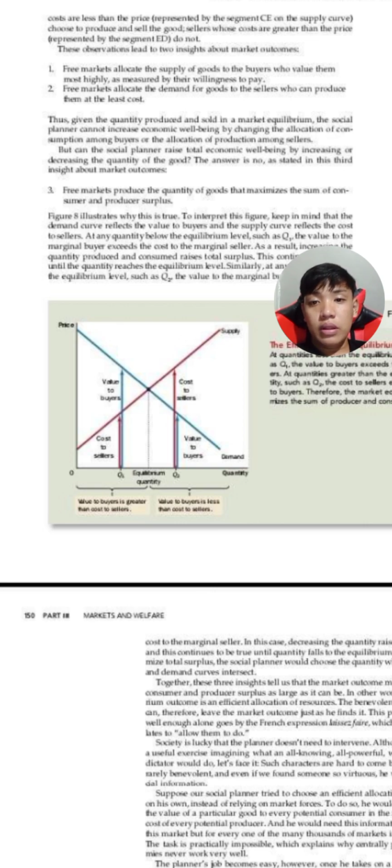But can the social planner raise total economic well-being by increasing or decreasing the quantity of the good? And the answer is no.